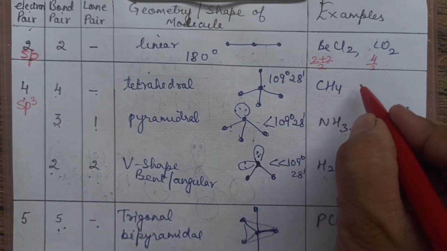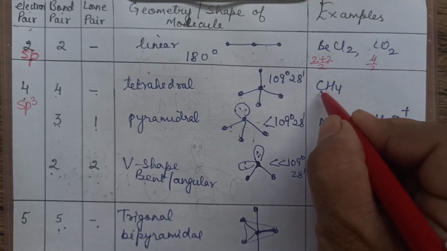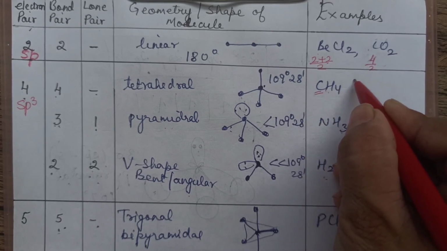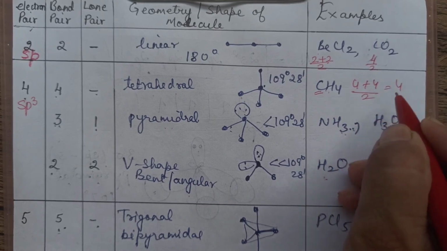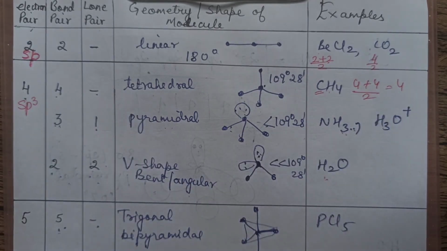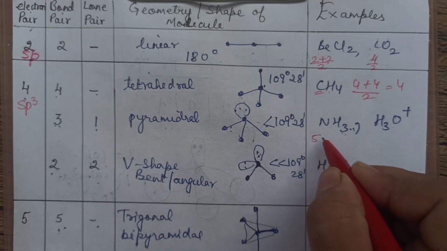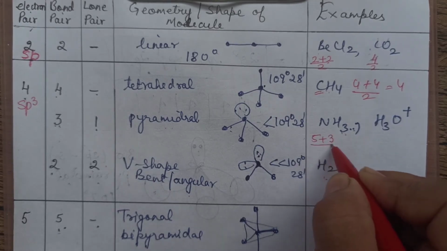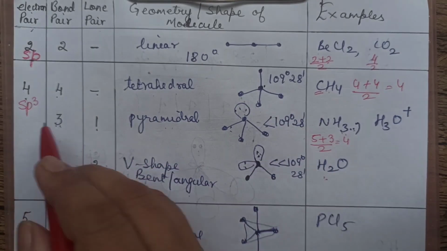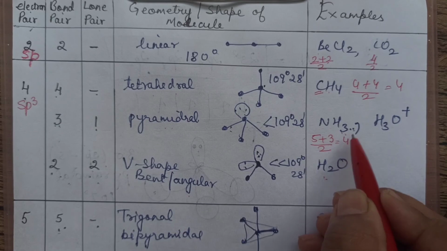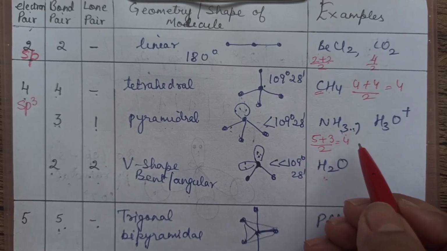For this, suppose we calculate what is the hybridization. Carbon valence electrons 4, plus 4 surrounding elements, divided by 2, 4. 4 means the hybridization is sp3. Right? For ammonia, 5 valence electrons plus 3 surrounding elements divided by 2. You are getting 4. Hybridization is sp3, but the difference between this and surrounding is 1, so 1 lone pair.